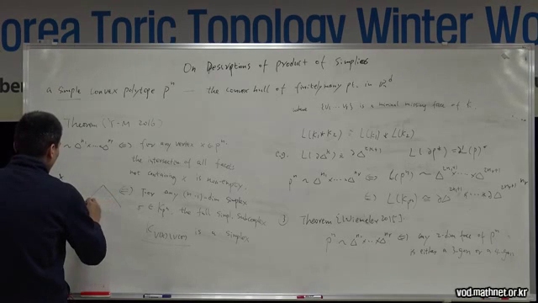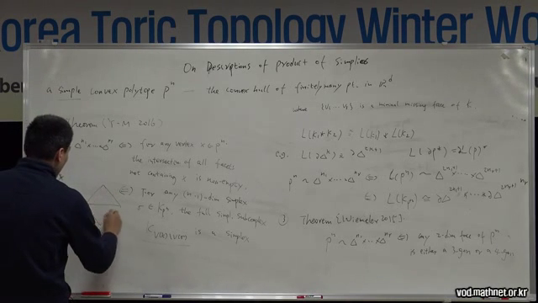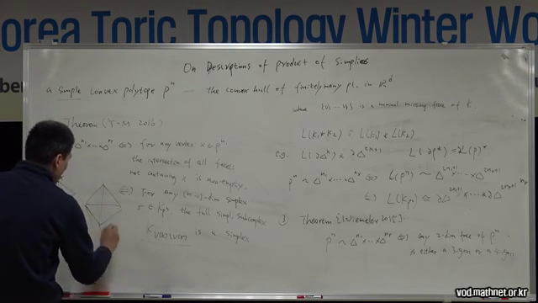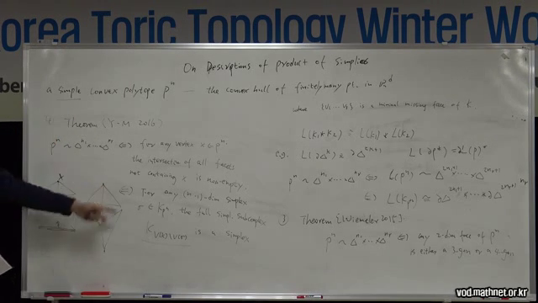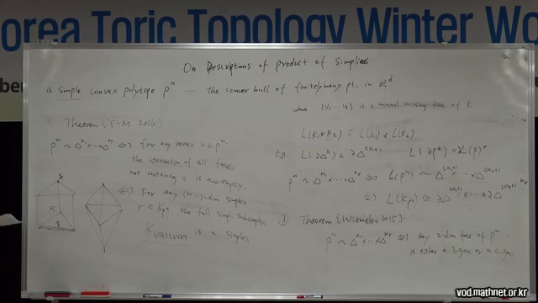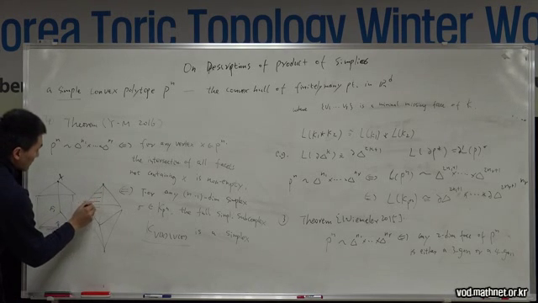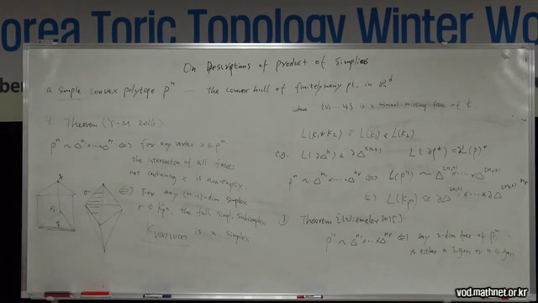And dually we can check this. If you write down the dual simplicial sphere, this is a two-dimensional simplicial sphere, and say sigma is a two-dimensional simplex, a maximal simplex.